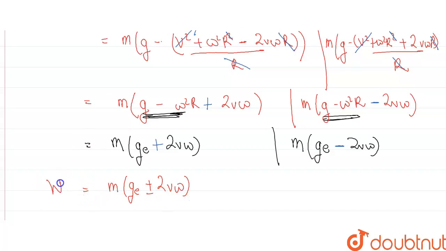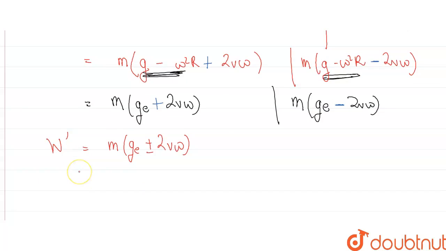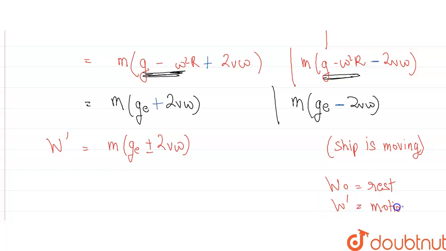This is the apparent weight when the ship is moving. Let me make a correction: when I was talking about w naught, it was at rest, but w dash is in motion with some velocity v.